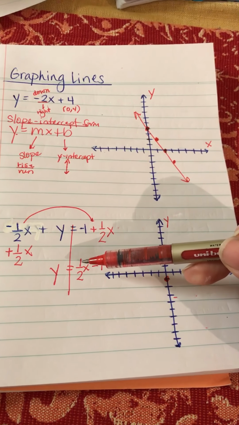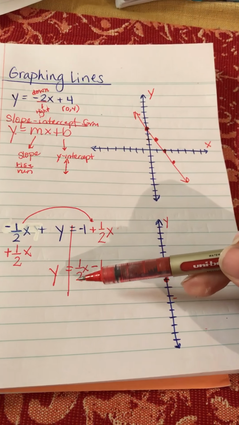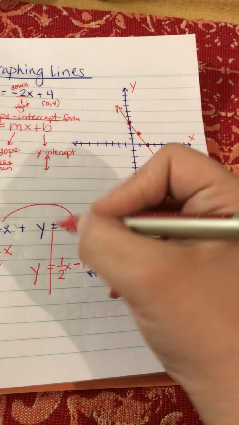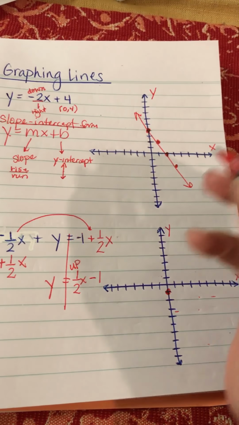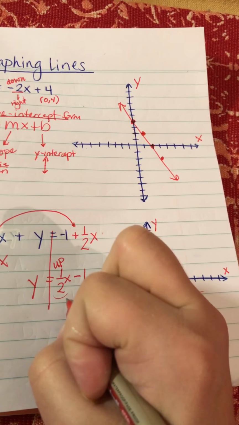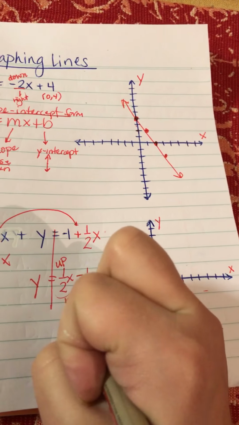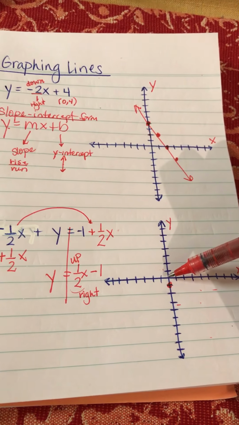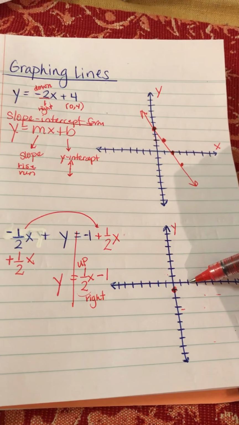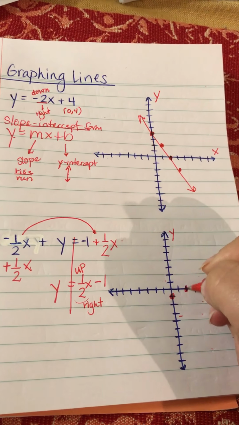And then I'm going to use the slope. I'm going to go up 1, to the right 2, because up, this is positive, so I'm going to go up, and then the bottom is positive also, so I'm going to go right. So I'm going to go up 1 over 2, and I'm going to put another dot.